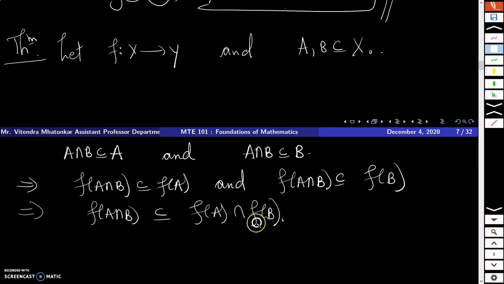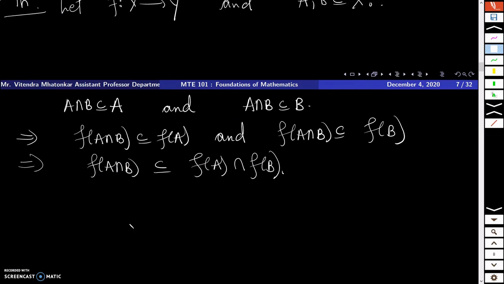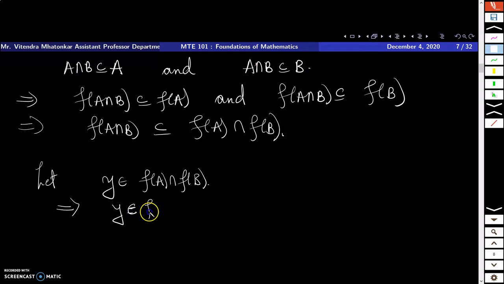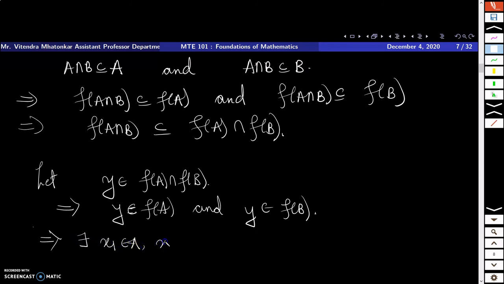That is, f of A intersection f of B is a subset of f of A intersection B. So let me start with the point in f of A intersection f of B. So let Y be a point in f of A intersection f of B. This means Y is there in f of A and Y is there in f of B. So this implies there exist x1 in A and x2 in B such that Y is equal to f of x1 and Y is equal to f of x2.